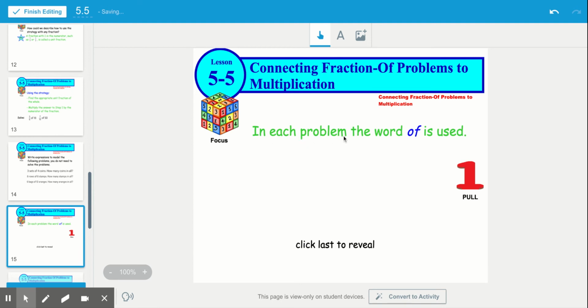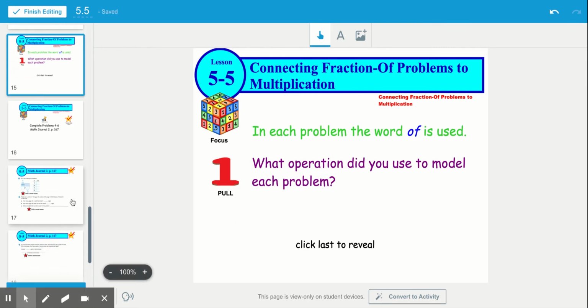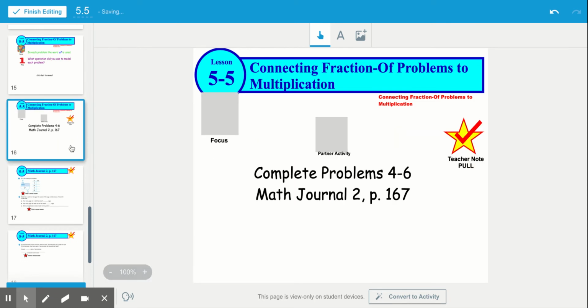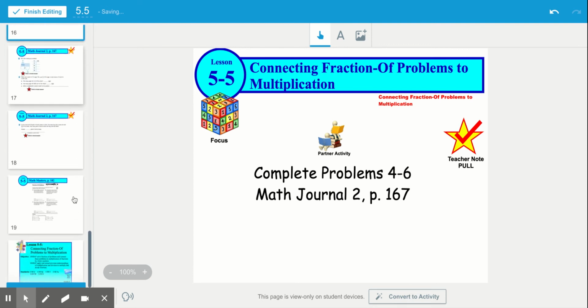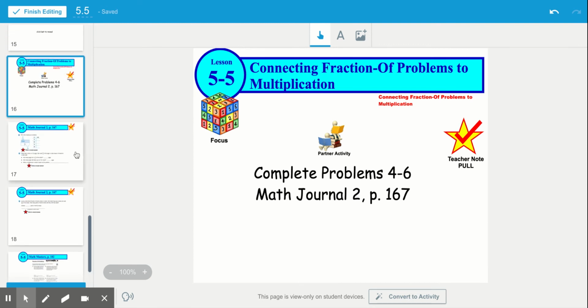Like this says, in each problem, the word of is used. What operation do we use? Hopefully I heard you say multiplication. Turn to page 167 in Math Journal 2, and I want you to complete problems 4, 5, and 6.